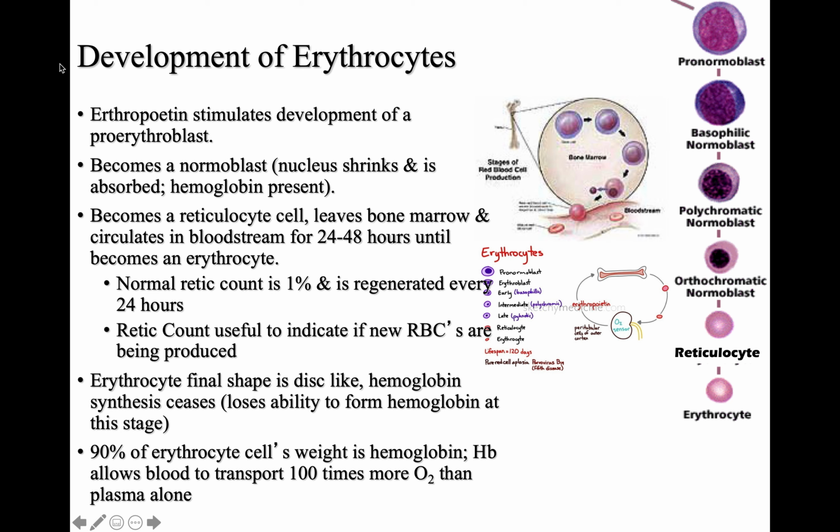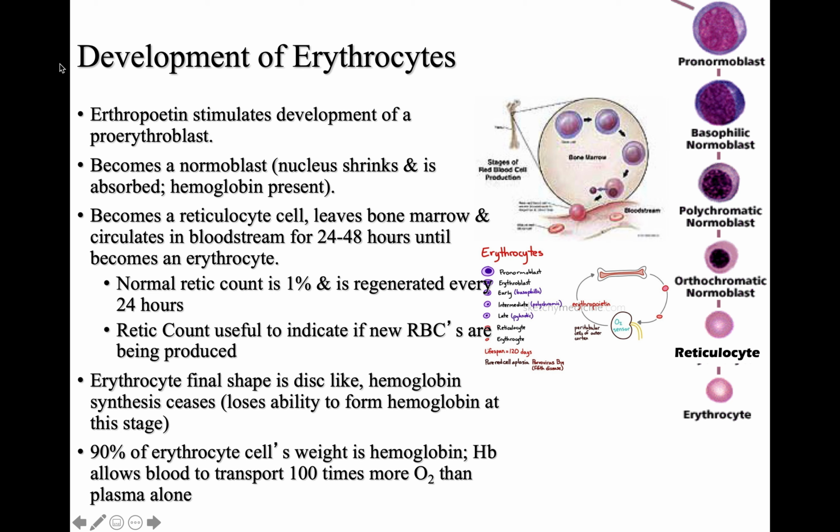That is where erythropoietin is stimulated from. So then it becomes a normal blast. The nucleus shrinks and it's absorbed and hemoglobin's present. Or it becomes a reticulocyte, leaves the bone marrow and circulates in the bloodstream for 24 to 48 hours until it becomes an erythrocyte. A normal retic count is about 1% and is regenerated every 24 hours.